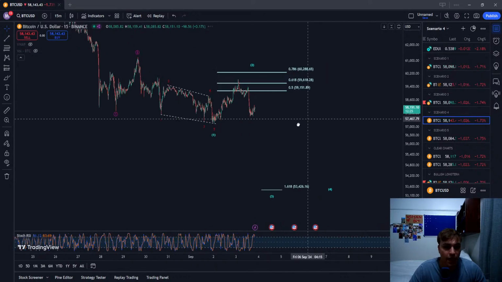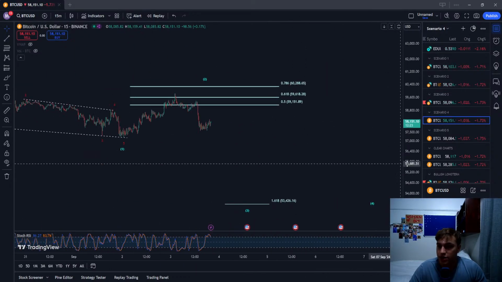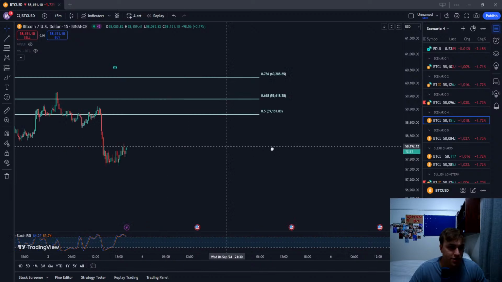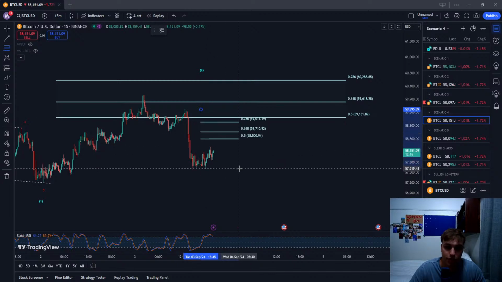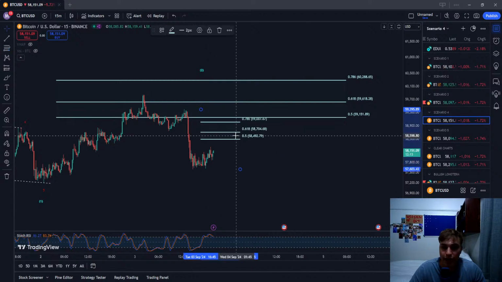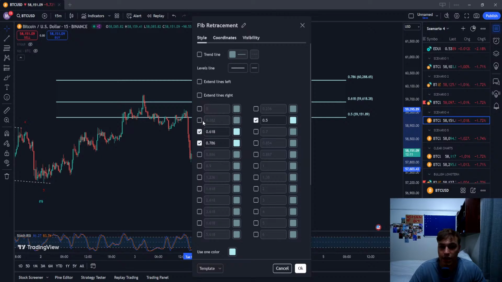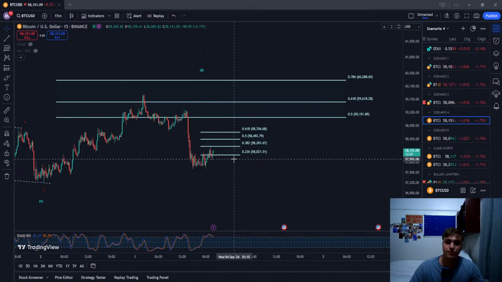If we were to measure out these 5 waves, we have a wave 1 down, 2 up, and from the bottom of 3 here, we are targeting these fib levels at the moment.